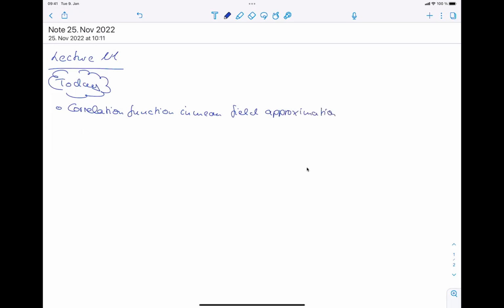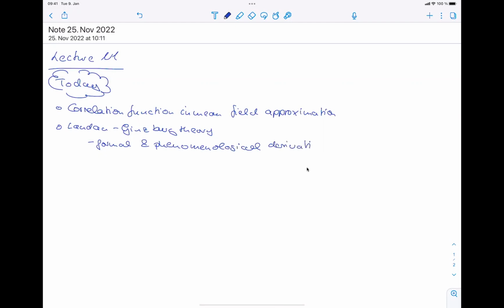And then we're going to start with the Landau-Ginzburg theory, formal, and heuristic phenomenological. It's called phenomenological. And then the Landau-Ginzburg will keep us busy for the next week, at least.